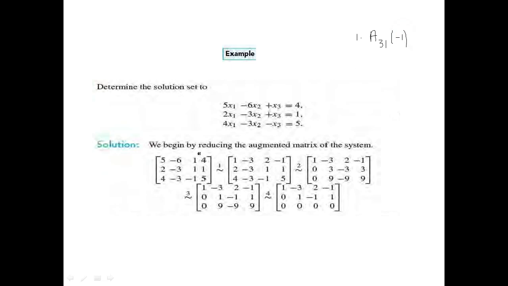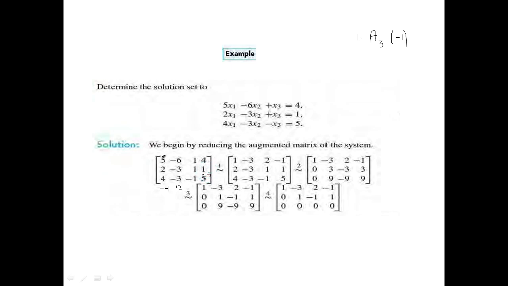So if we multiply row number 3, which is 4 -3 -1 5, by -1, we'll have -4 3 1 -5.